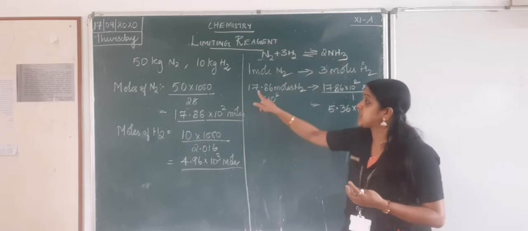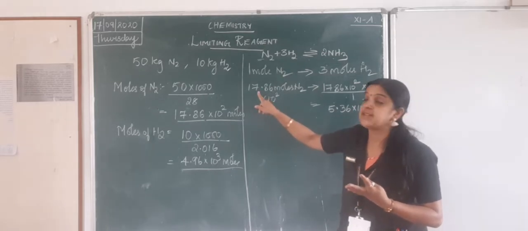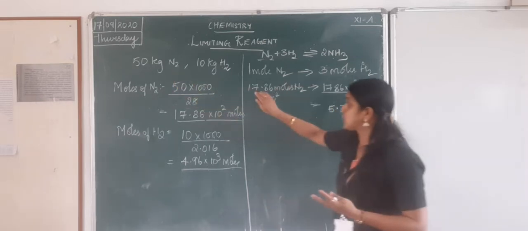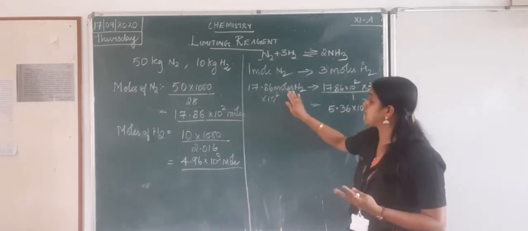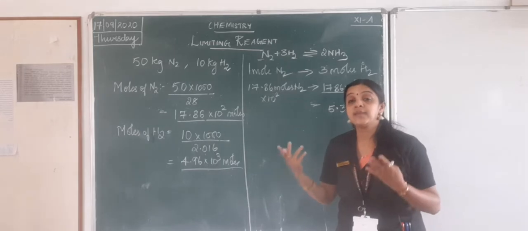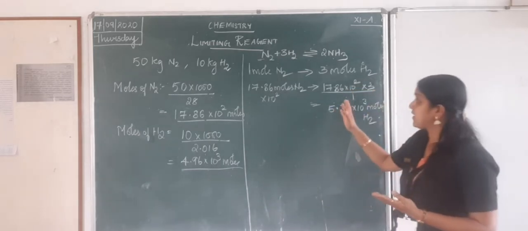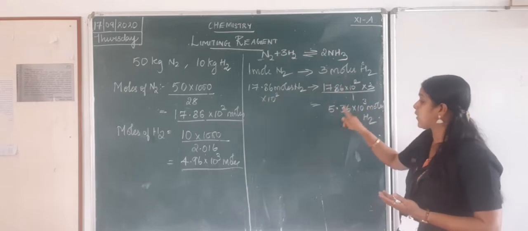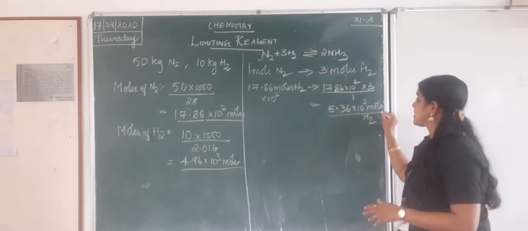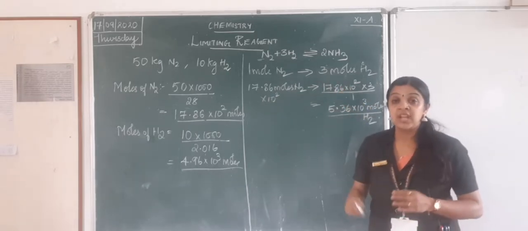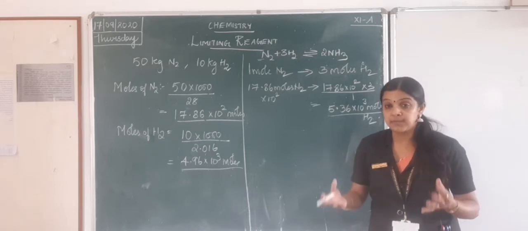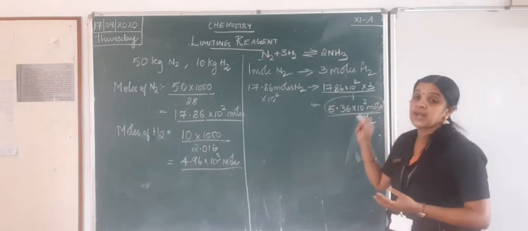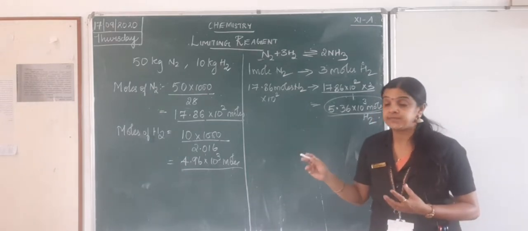But I have got 17.86 into 10 power 2 moles of nitrogen which is present in 50 kilogram of nitrogen. So this much nitrogen needs how much hydrogen? That we calculate by 17.86 into 10 power 2 into 3 divided by 1, which is 5.36 into 10 power 3. So to produce ammonia, I need 5.36 into 10 power 3 moles of hydrogen.